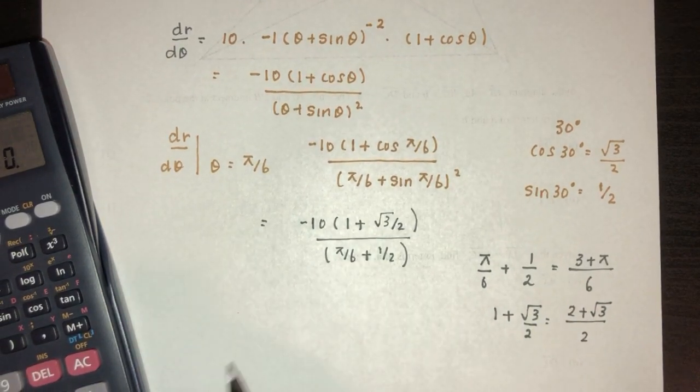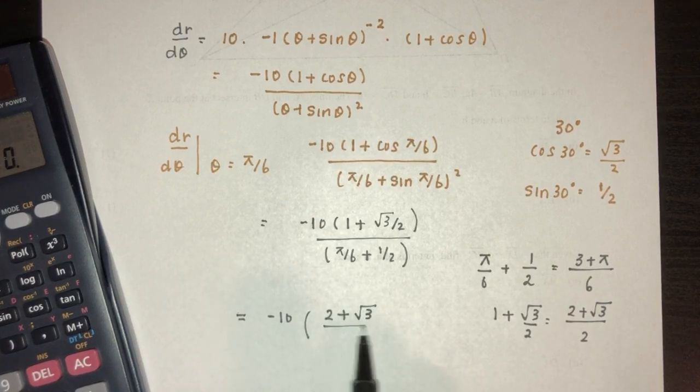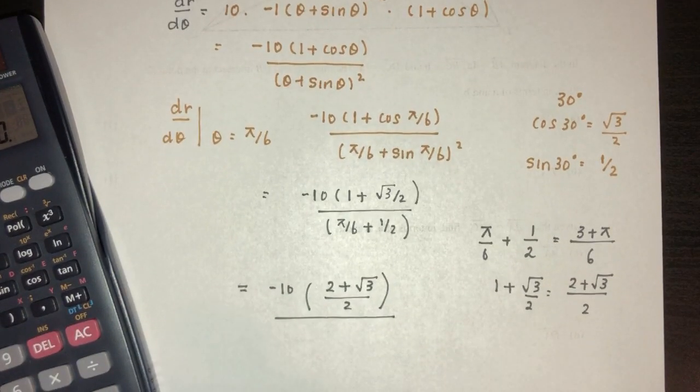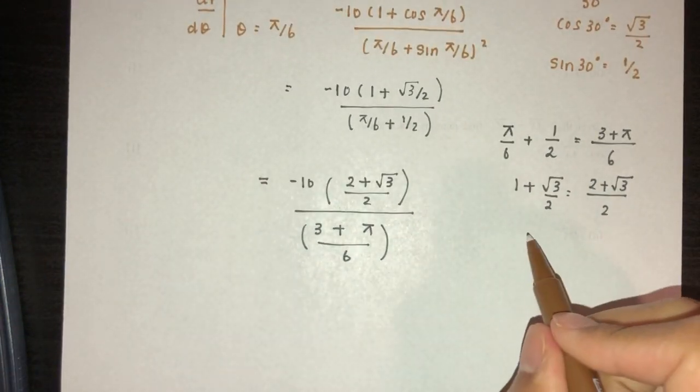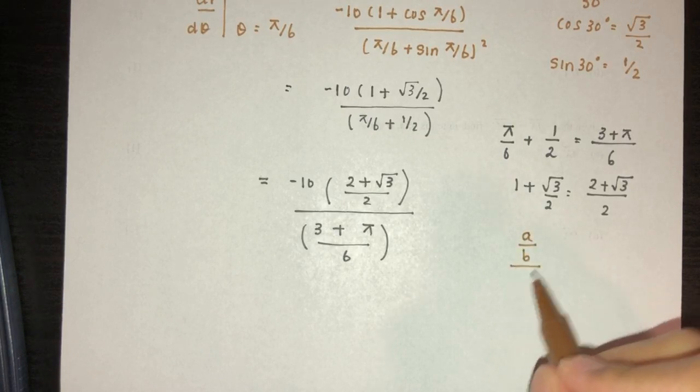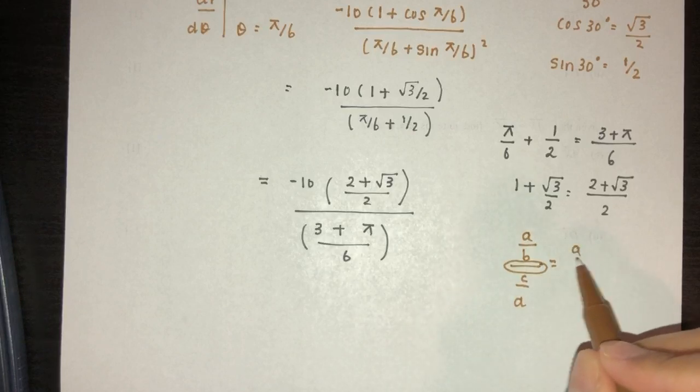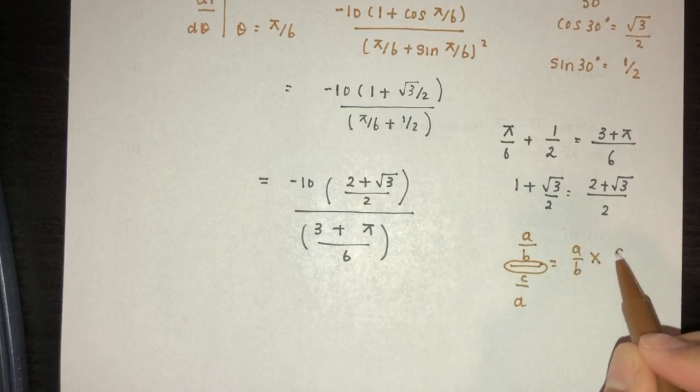Now going back to your equation, you will have minus 10, 2 plus root 3 over 2, divided by 3 plus pi over 6. Okay, now if you want to simplify, we can do something. So if you guys know, when you have a fraction divided by another fraction, you can write this divide as multiply, which is a over b multiplied by d over c.